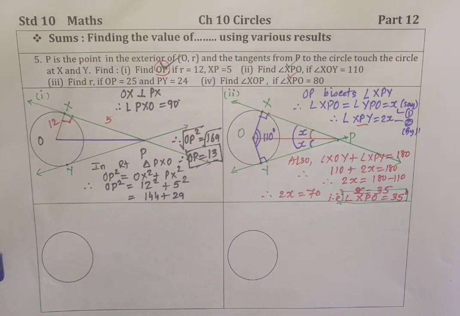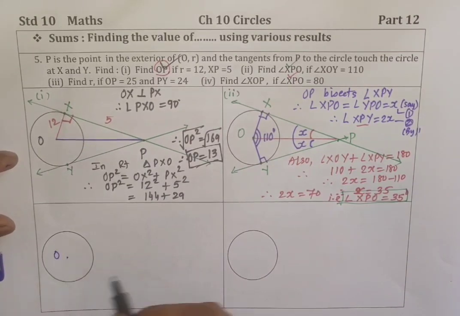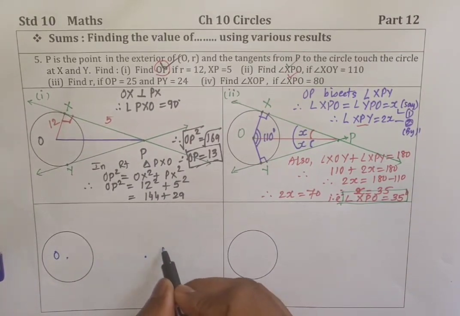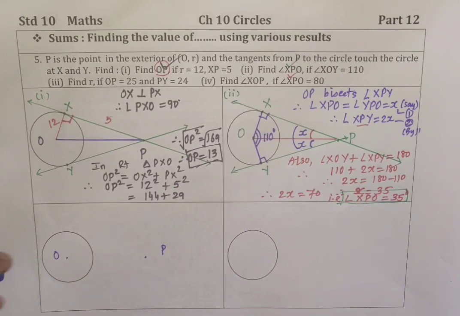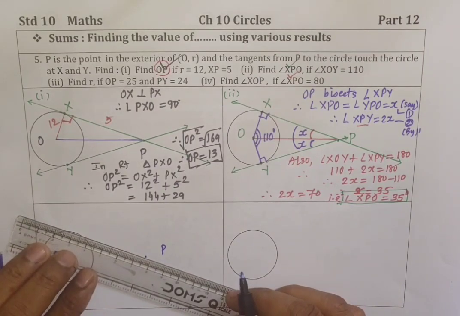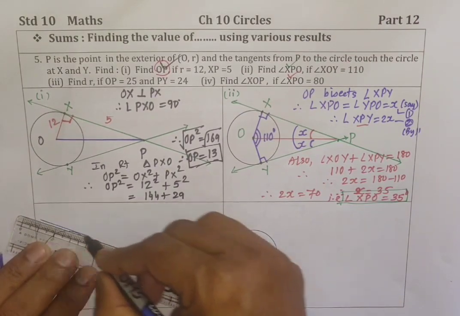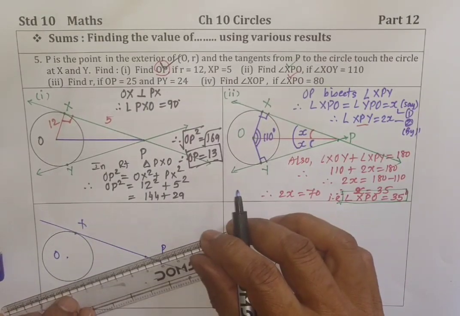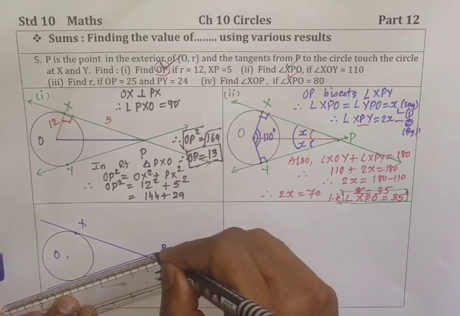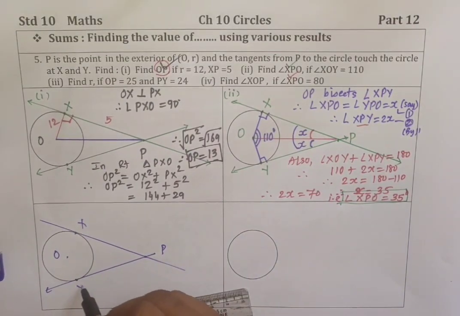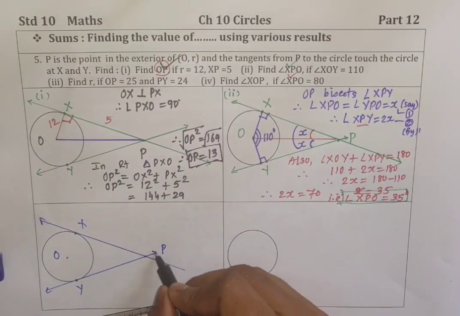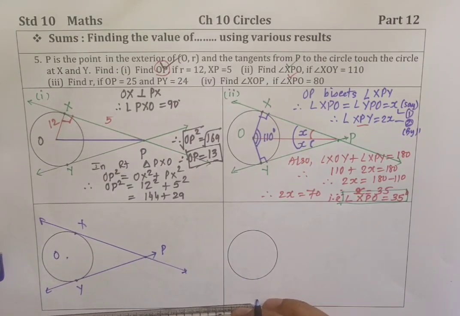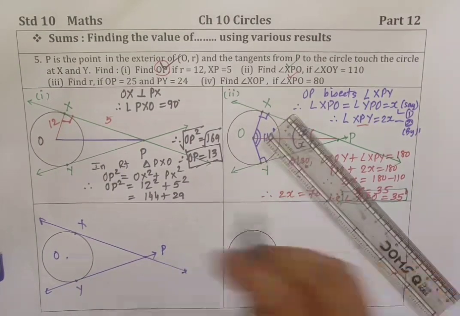Let's move to the third one. All right. Okay, that center is O. P is a point in the exterior. The two tangents through P touch the circle at points X and Y. Correct? Right. Now let's see the third one, what it says.